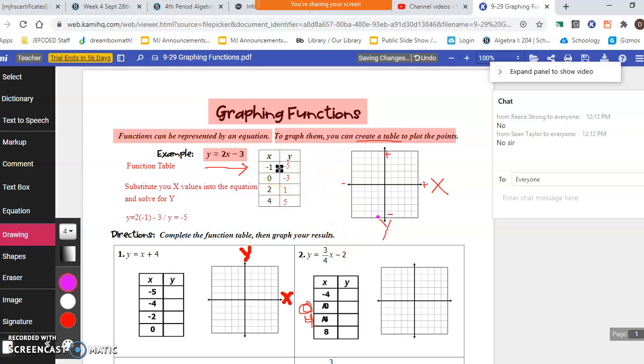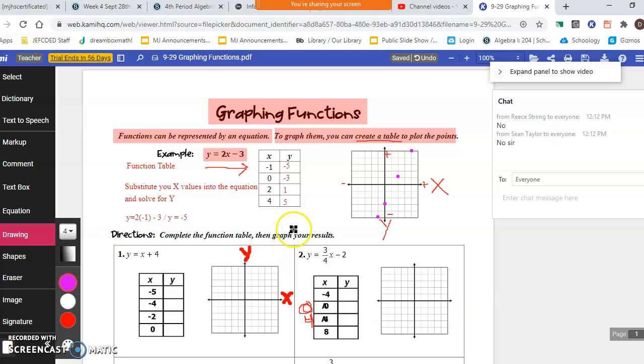Our next set of coordinates would be 0, -3. So we won't travel horizontally at all, but we will go down 1, 2, 3 to -3 and plot that right there in the middle. All right, our next set would be 2, +1. So we'll travel over 2 on our x-axis and up 1 vertically on our y-axis. And then for our last set, we'll travel over 4 and up 5.